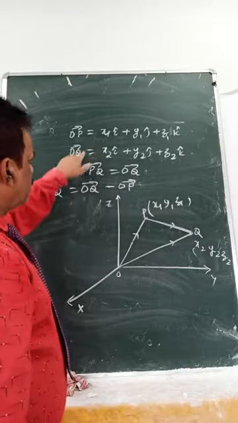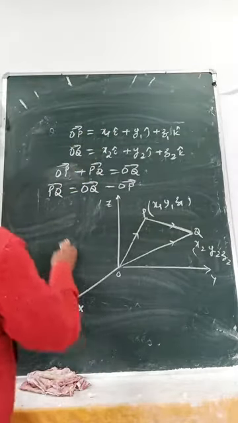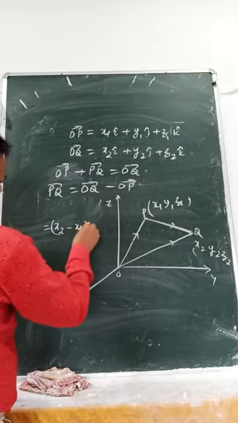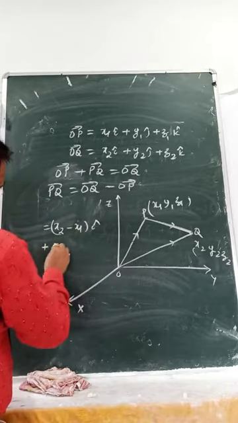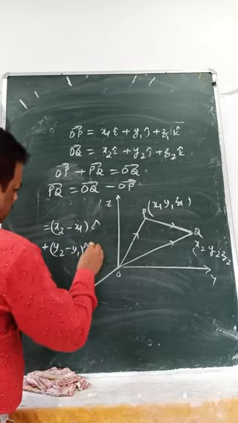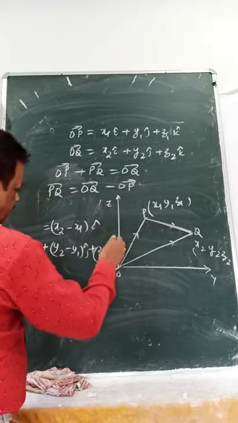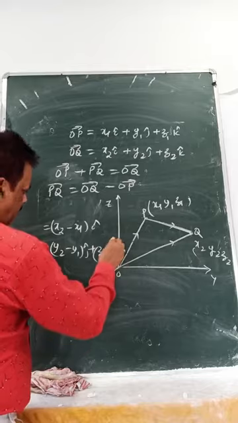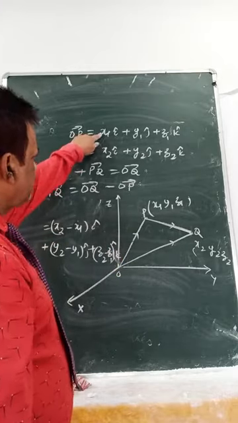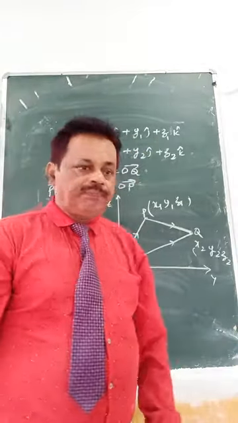That means (x2 minus x1) i plus (y2 minus y1) j plus (z2 minus z1) k.